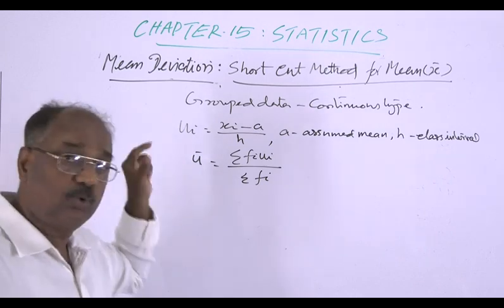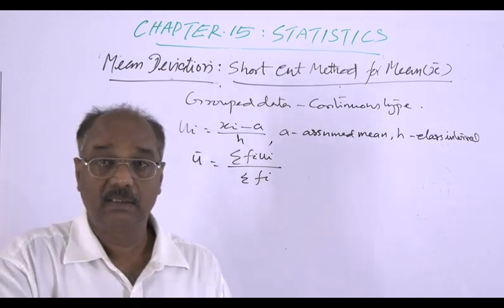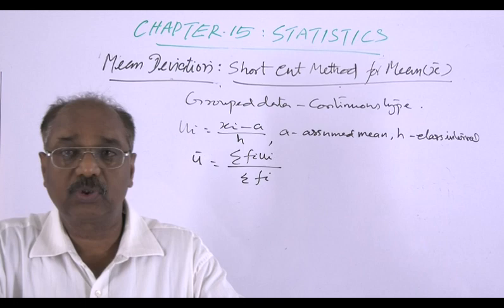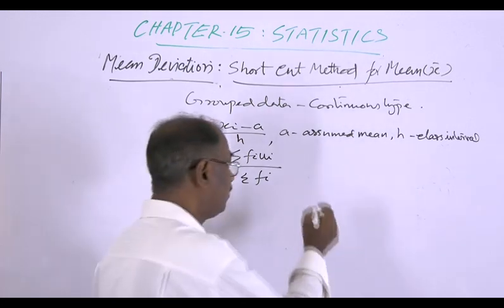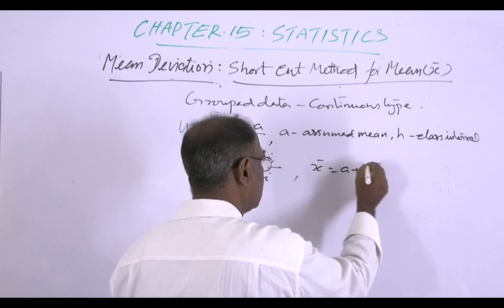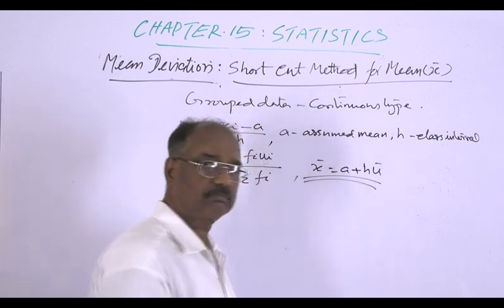If we find u bar this way, then the required mean x bar will be given by x bar is equal to a plus h u bar. That's all.